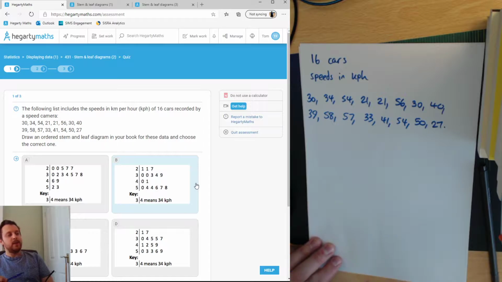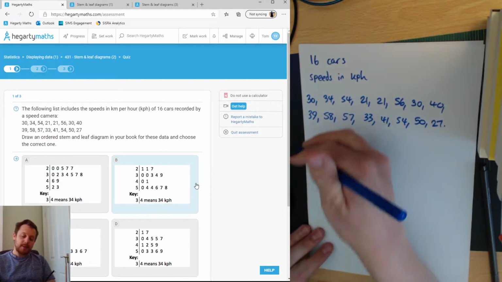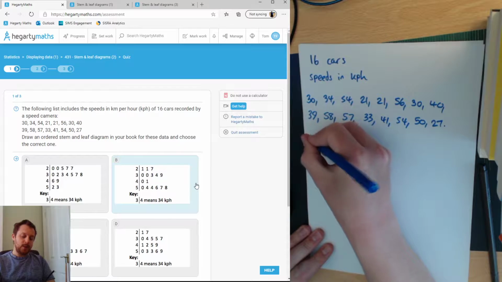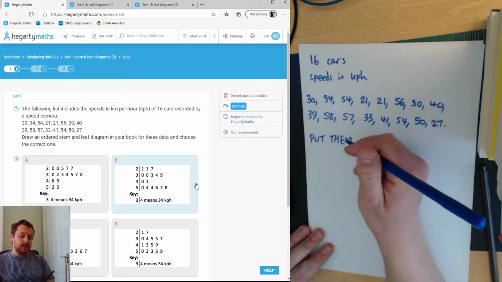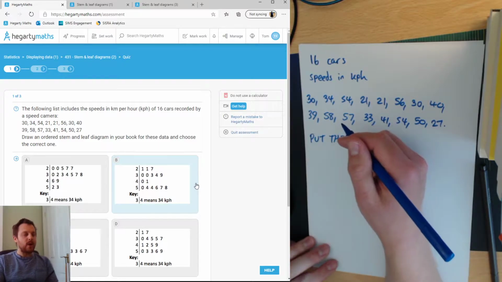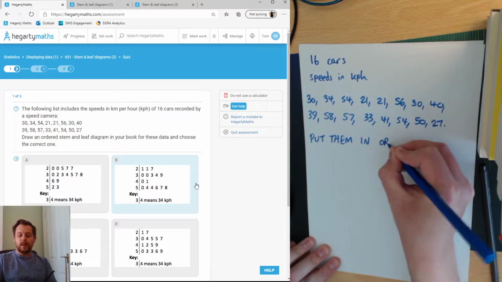We need them in order to work out the median, and once they're in order, we can basically do anything with them. They need to be in order for a stem and leaf diagram, and that's the annoying part, where you can easily make a silly mistake.